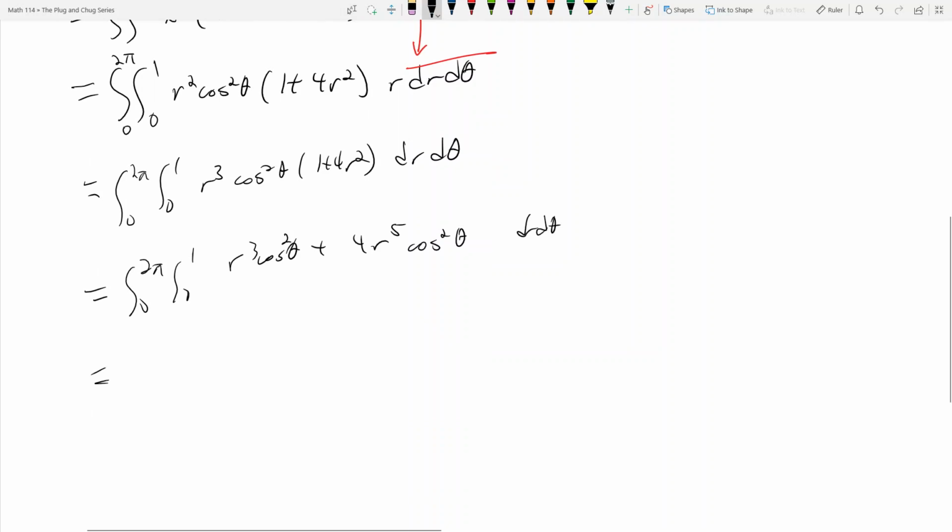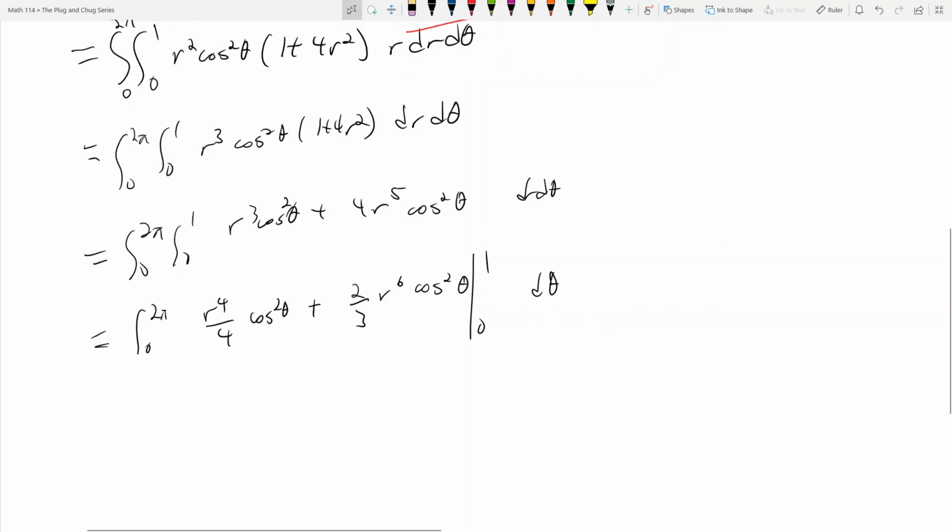Now integrating with respect to r, this becomes r to the 4th over 4 cosine squared theta plus 2/3 r to the 6th cosine squared theta. Of course I need to evaluate this from 0 to 1.